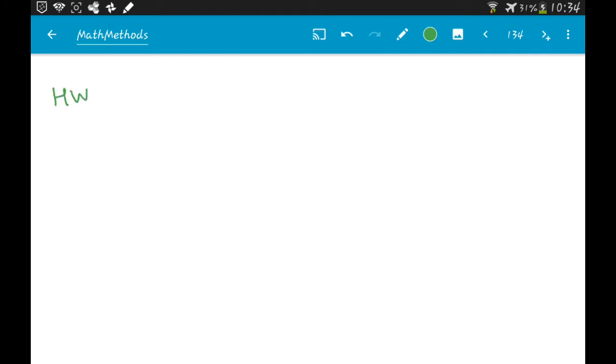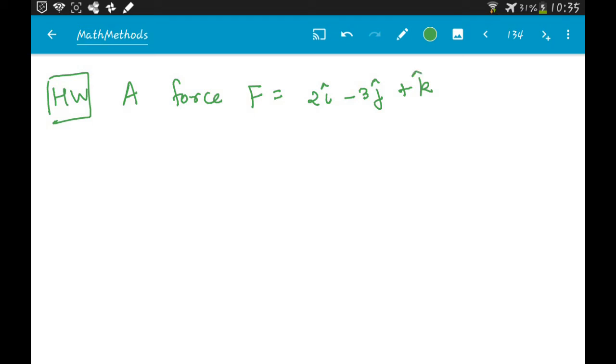Homework. A force F equal to 2I minus 3J plus K acts at the point (1, 5, 2).